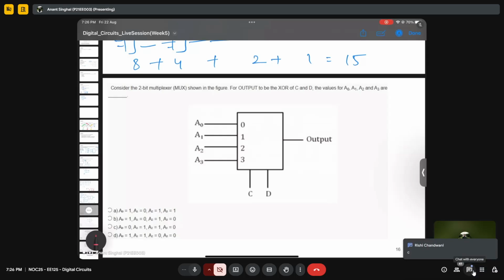Zero one one zero, sir. Okay, let's check it out. What you want is the XOR of C and D. So this is C bar D bar, this is C bar D, this is C D bar, this is C D. So you want these two. So it will be 0, 1, 1, 0, right? Which option? C.